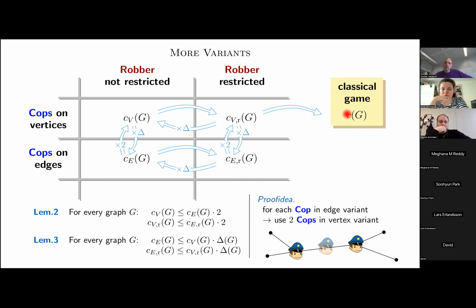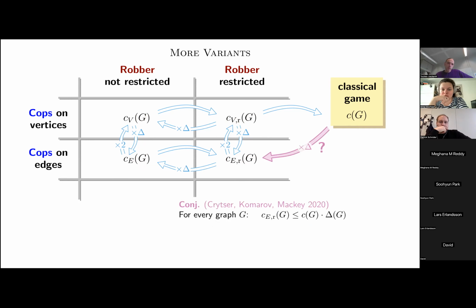But this classical game here is only linked in one direction yet. And the question was, can you do it the other way around? Can you say, if you have a good strategy in the classical game where it's sufficient that one cop catches the robber by just being on the same vertex, can you then, by paying a factor of delta maybe, do a surrounding strategy?